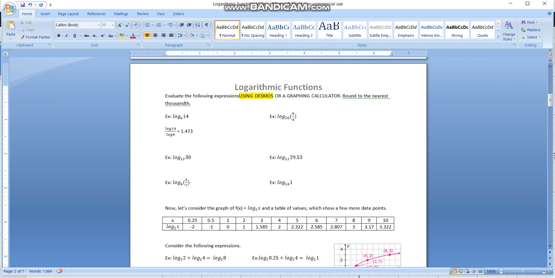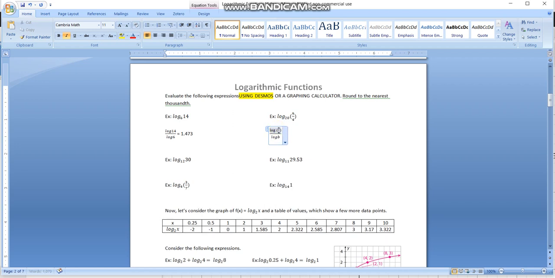For the next part, let's say we have this one. We're trying to find log base 20 of 9 divided by 4. This is basically log of 9 divided by 4, divided by log of 20.